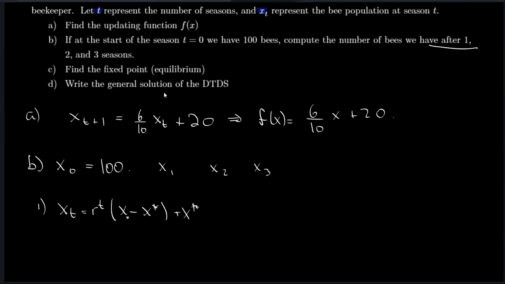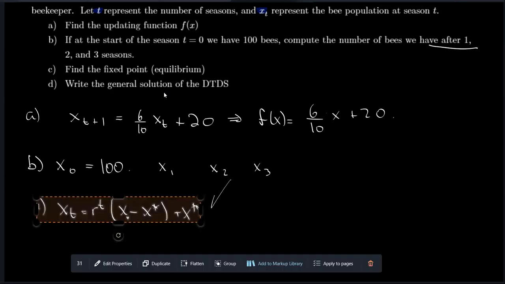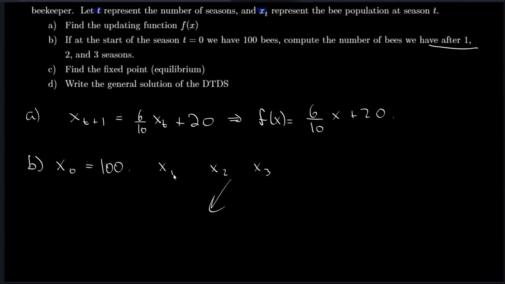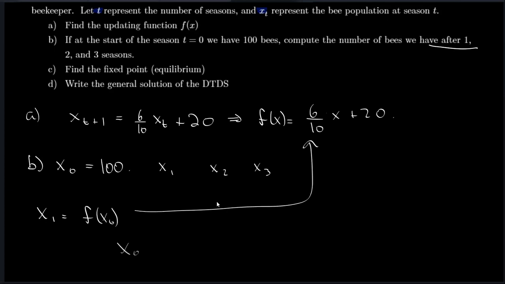But because we're only asked for 1, 2, and 3 seasons, it'll be a lot faster, and good practice, to just apply the updating function. So X1 is going to be f of X naught. We put the initial number of bees into the updating function, and we get X1.